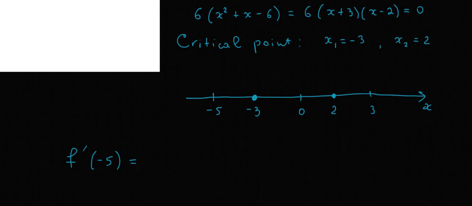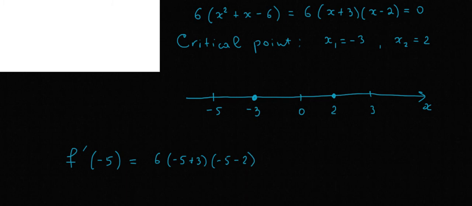In order to determine this, it's best to use the factored form of the derivative, so I'm going to use this form right here. Plugging in x equals -5 gives us 6 times -5 plus 3 times -5 minus 2.